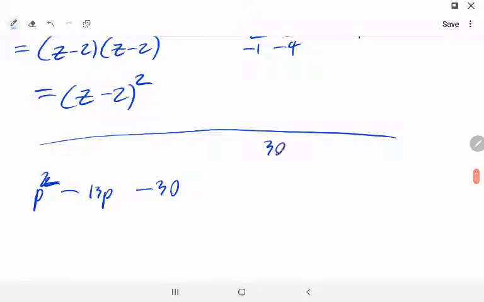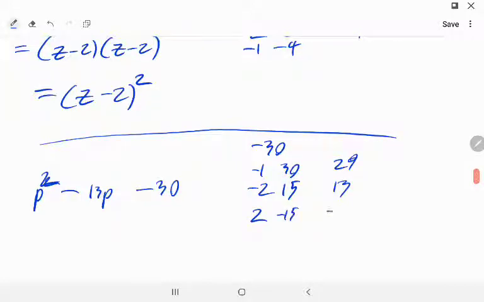For negative 30, we have to look at negative 1 and positive 30, negative 2 and positive 15. Negative 1 plus 30 is 29, negative 2 plus 15 is 13, and so we can stop because we got the positive 13, we need a negative 13, so we just swap it around.